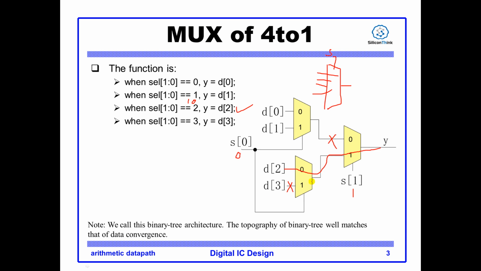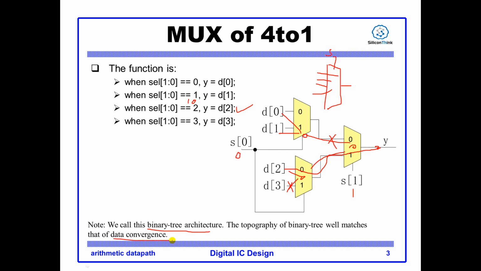Then you can note that the architecture is something like a binary tree architecture. This is the root, and each node has 2 leaves. So this is a binary architecture. And the topography of a binary tree will match the topography of data convergence.